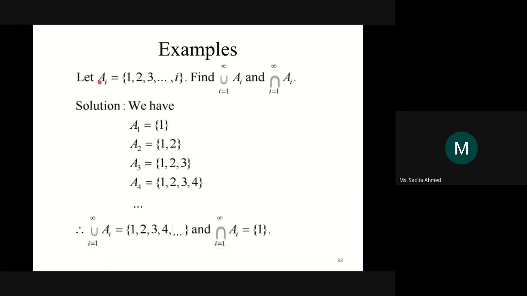We have Ai representing all of the sets in the generalized union or intersection, I being the index, and each of these sets will have the elements 1, 2, 3, 4, 5, 6, and so on until I. That is, the elements in each of these sets will start at 1 and end at I. And in between, you'll have all the numbers that are there between 1 and I.